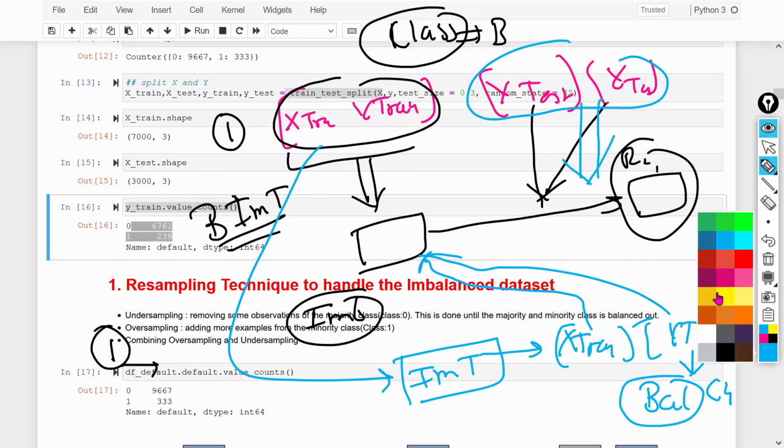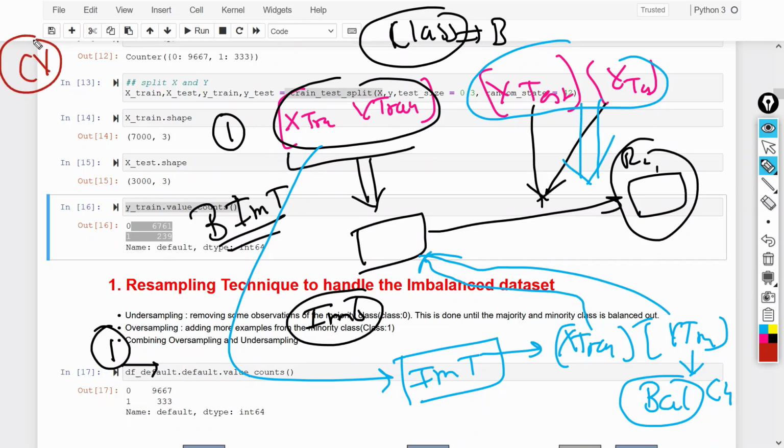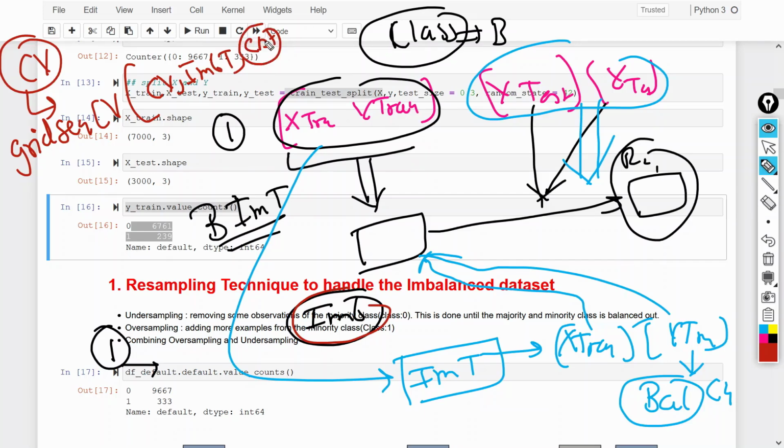Second method is that we will use these two things. The second method is cross validation. In the cross validation, we will use the grid search cross validation. Here we will do cross validation with the imbalance technique, and we will use the estimator, which will be used to select the best parameter.